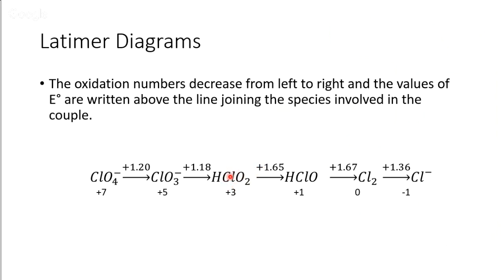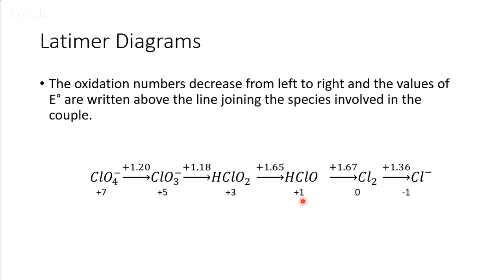So in other words, I have HClO2, and then on either side I have different species. And if you look, the oxidation numbers are shown below. So the oxidation number of chlorine here in HClO2 is +3. In ClO3 minus, it's +5. On the other side, in HClO, the oxidation number for chlorine is +1.